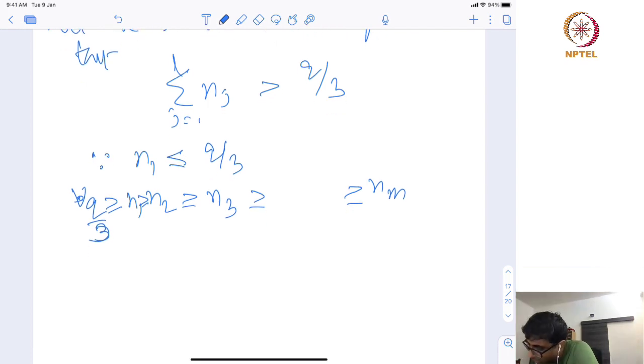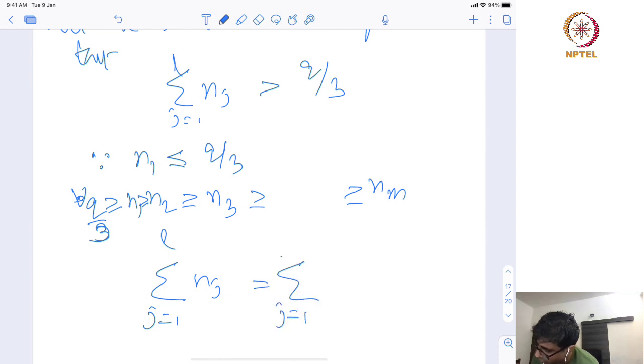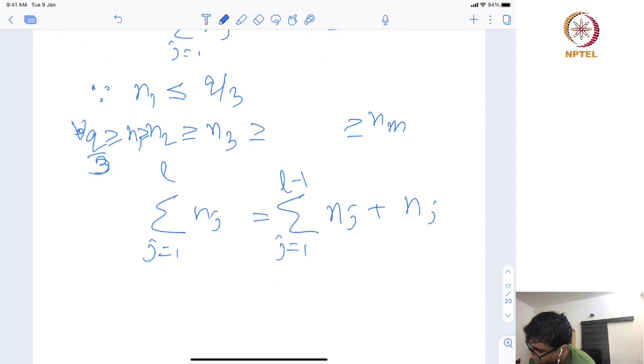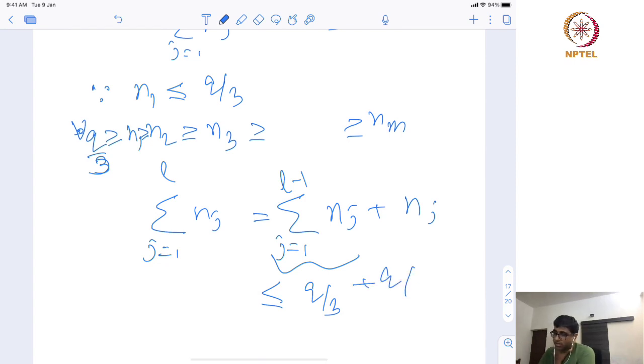So the summation j equal to 1 to L is at most the summation j equal to 1 to L minus 1 of Nj plus Nj, where the first part is at most Q by 3 and the other Nj is another at most Q by 3, which implies that this is at most 2Q by 3.